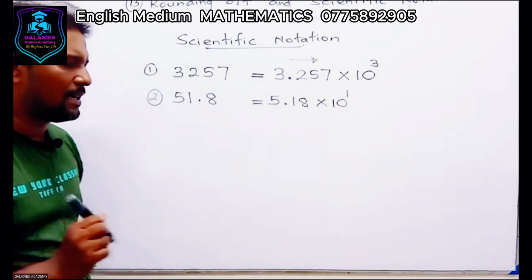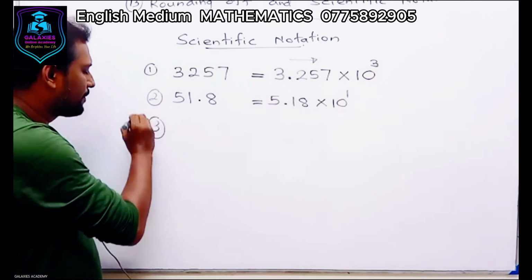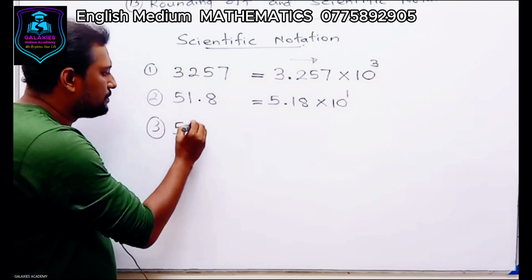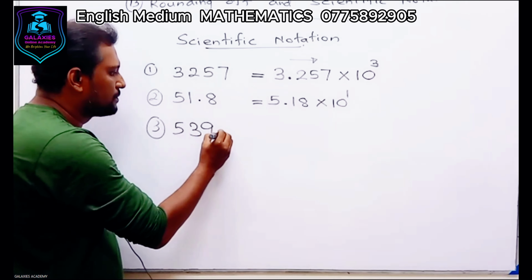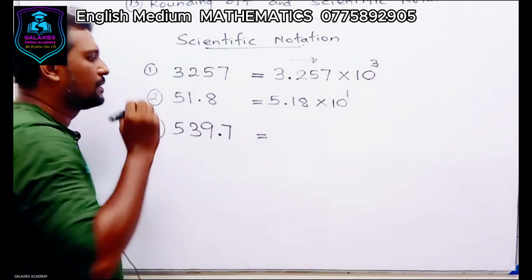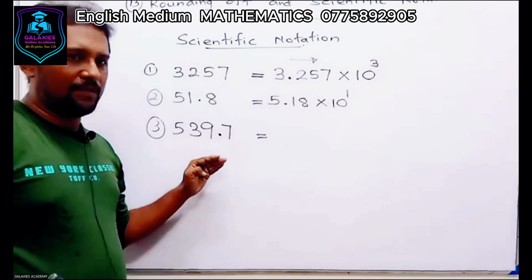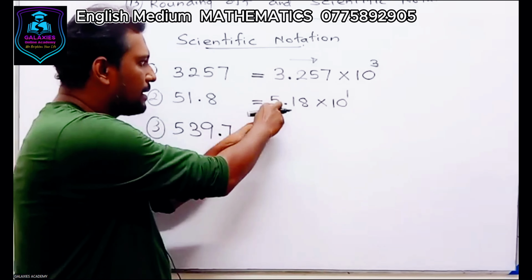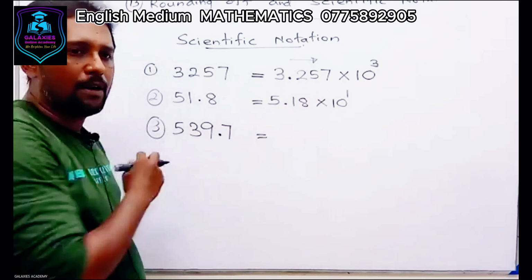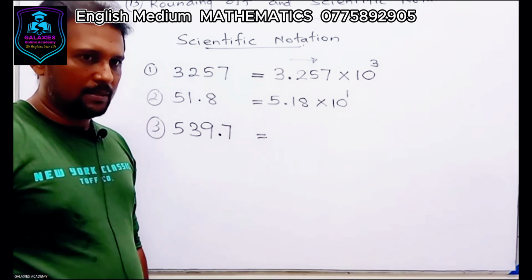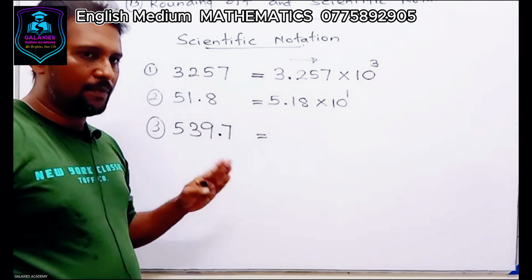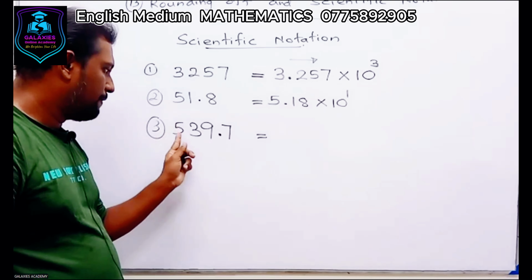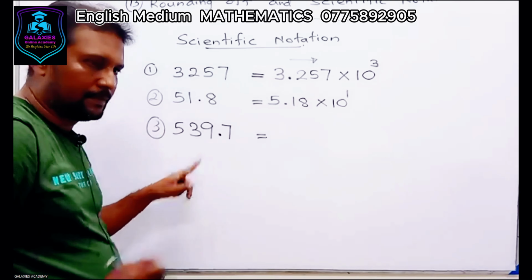Look at another example, the third one. Right. Can you tell me, this is the general form. When you write the scientific notation, where do you have to keep the decimal point? Between 5 and 3.